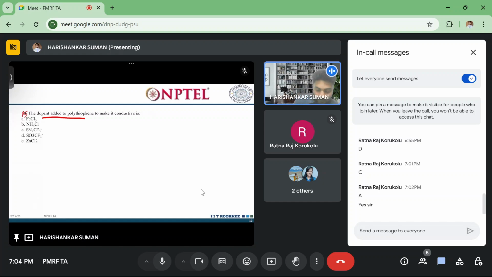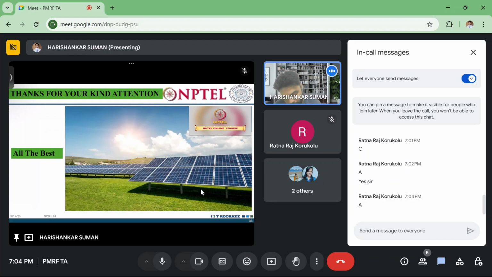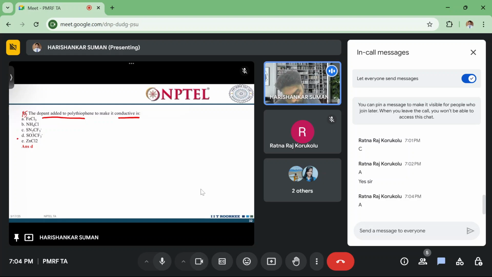Please choose your answer. Okay, so the D is dopant to make it conductive. I think we have already seen why this is added in the previous question.